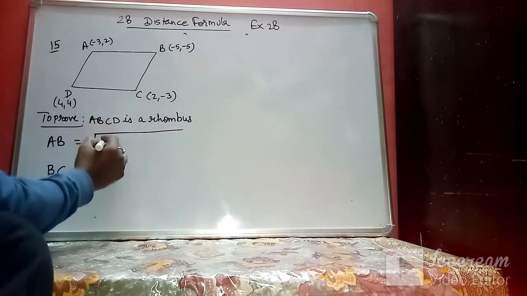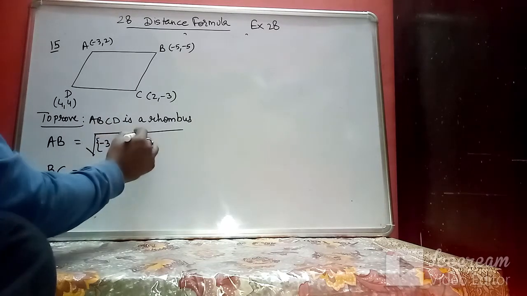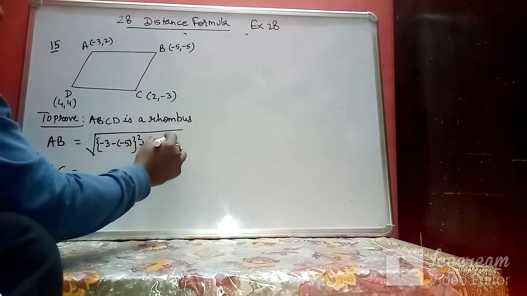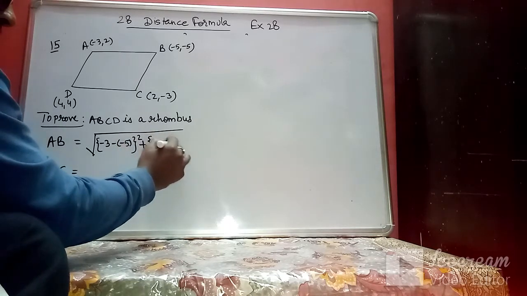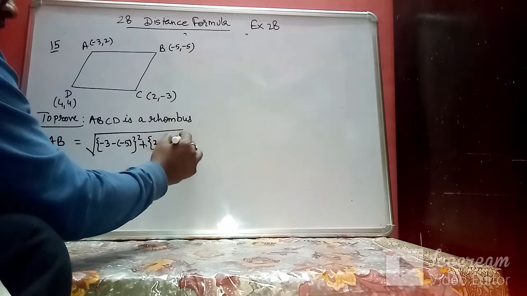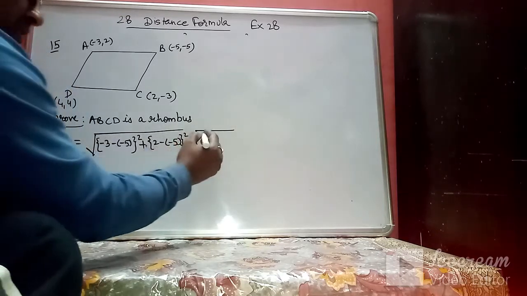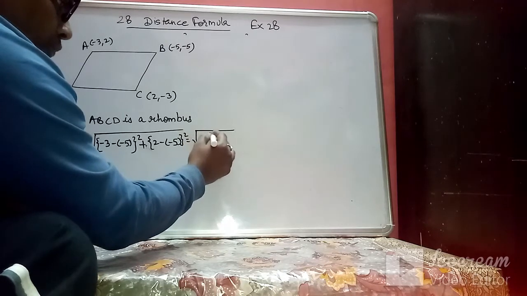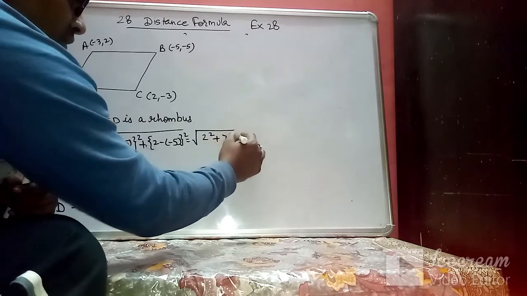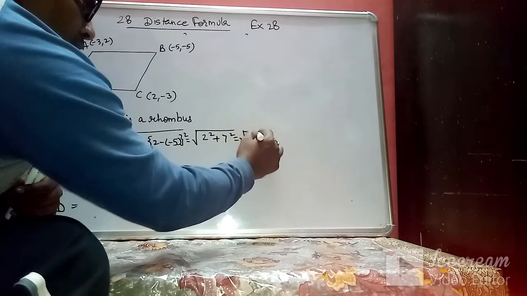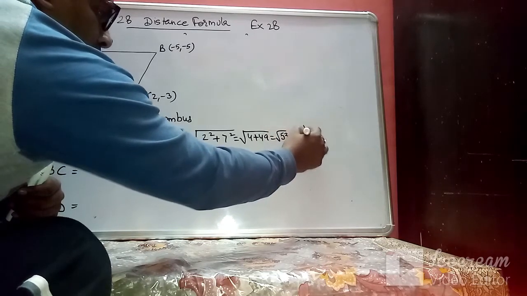So AB will be minus 3 minus 5 square plus 2 minus minus 5 square, that is minus 3 plus 5, that is 2 square, 2 plus 5, that is 7 square. So it is 4 plus 49, that is root 53 units.